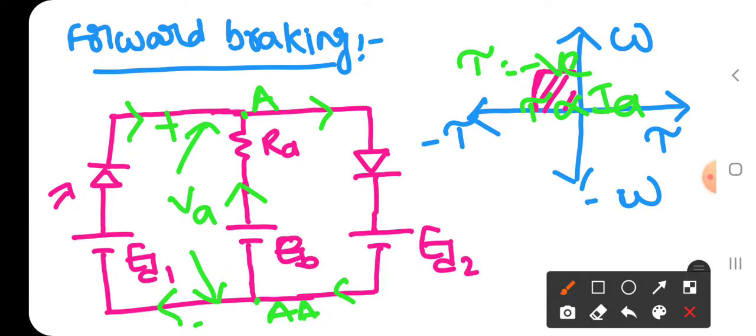The positive converter is operating as rectifier, and negative converter is operating as inverter.